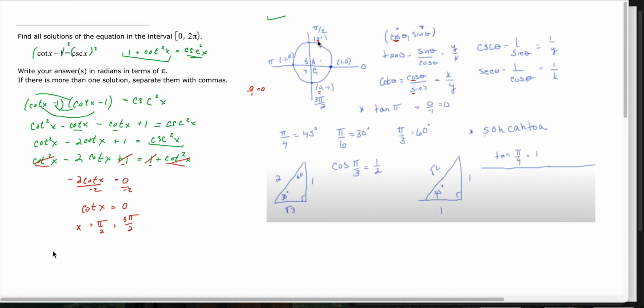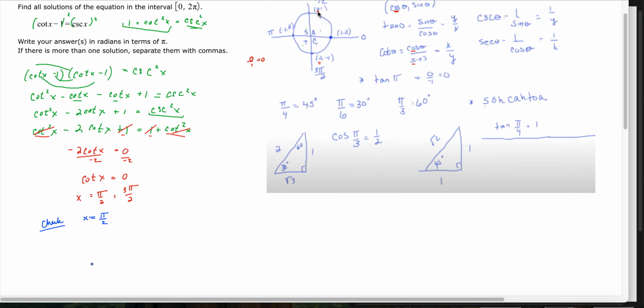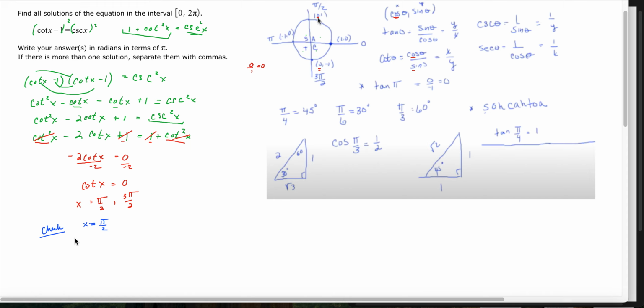Okay, so now we have to check our answers since we started by squaring both sides of the equation. So let's check. First, let's check x equals pi over 2, and we want to go back to the original equation to do that. So the original equation would be cotangent of pi over 2 minus 1 is equal to cosecant of pi over 2.